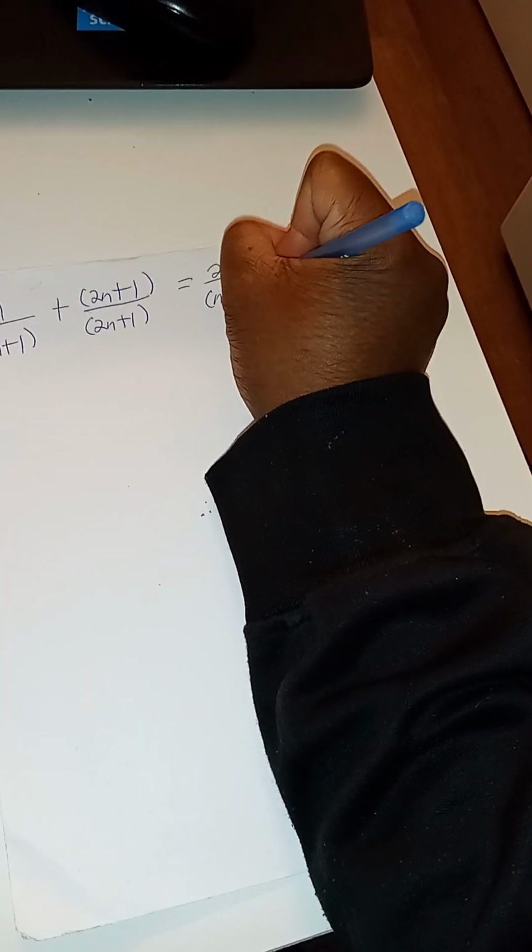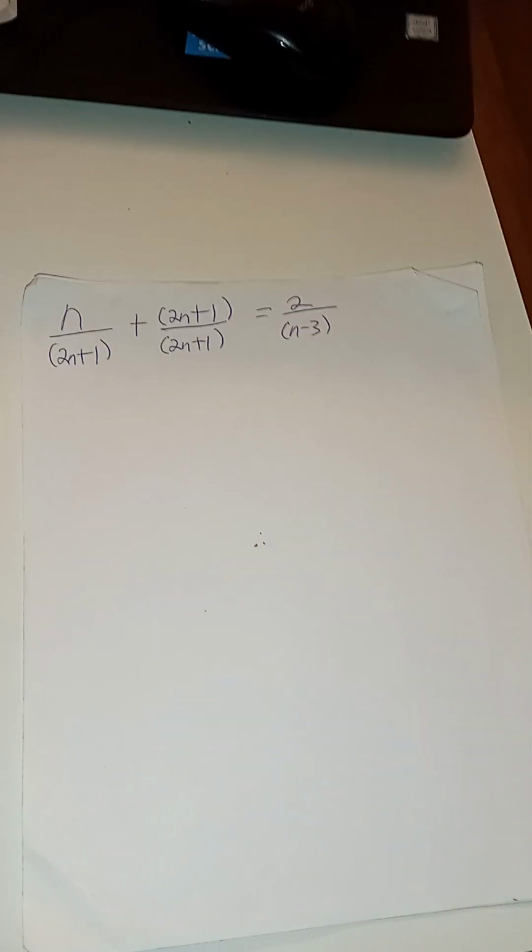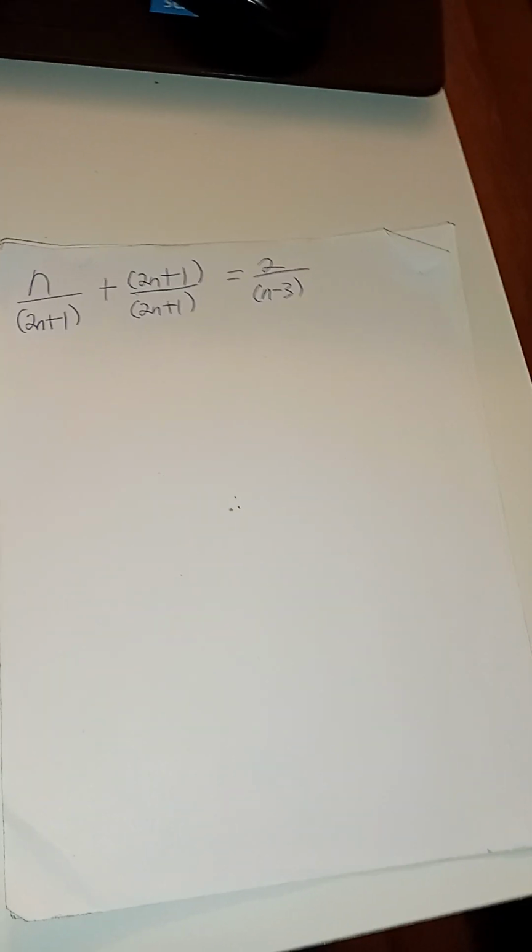So we left off at n divided by 2n plus 1 plus 2n plus 1 divided by 2n plus 1 is equal to 2 divided by n minus 3. On the left-hand side now we can bring this together because they both have the same denominator.